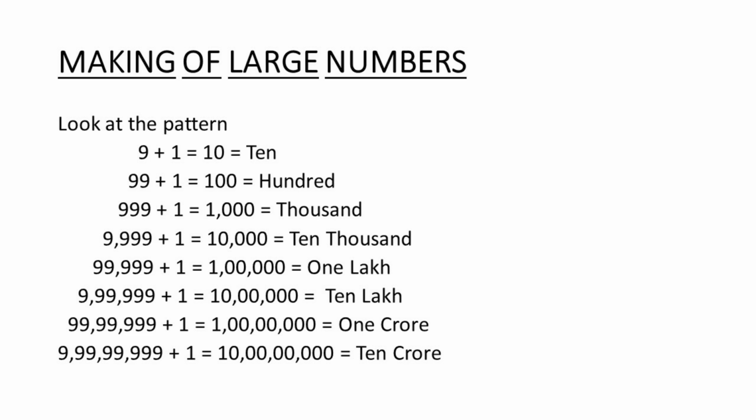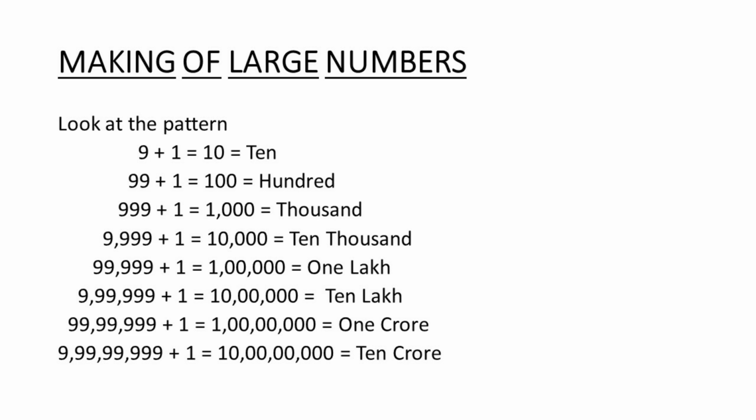You can see the third pattern, that 999 is added with 1. So you have got 1000, and this 1000 is the 4-digit smallest number.